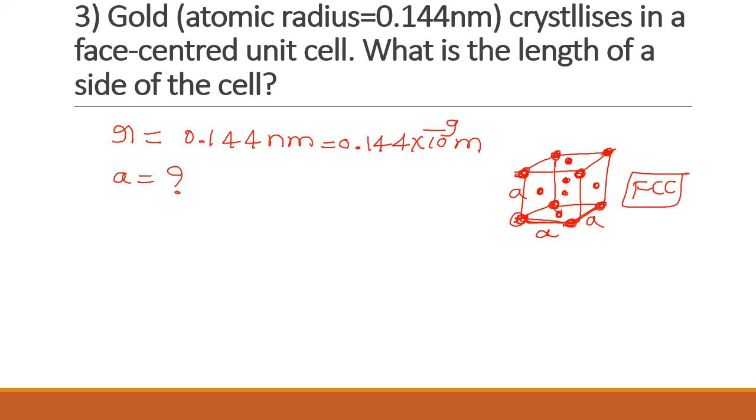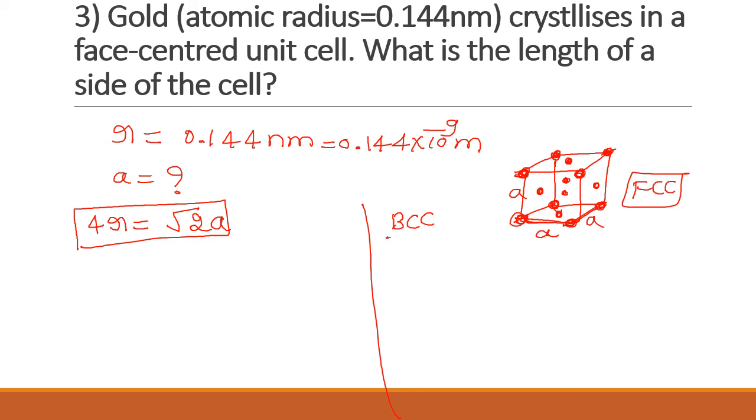While deriving packing efficiency, you are very familiar with the formula, right? In case of FCC, face centered unit cell, you write 4R is equal to root 2 into A. This is one important formula that you have to remember always.